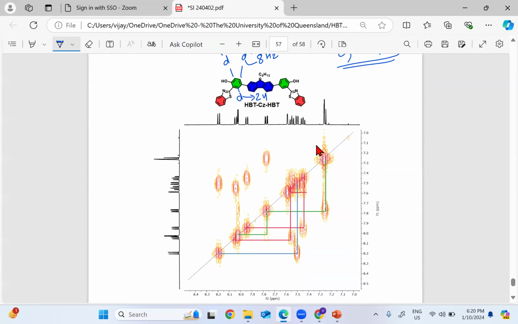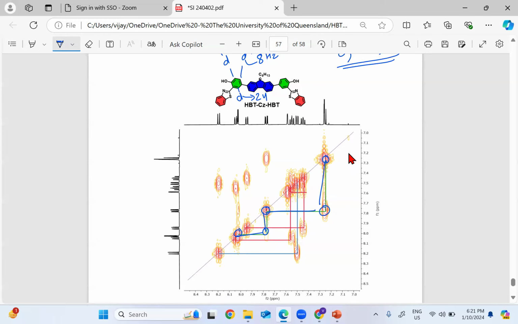In the same manner, I will just give one example. I started from one proton, which is correlated with another, and in this manner, I correlated all the signals. So what does it indicate? It indicates which protons this signal comes from.